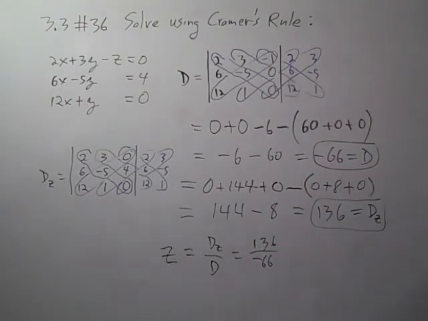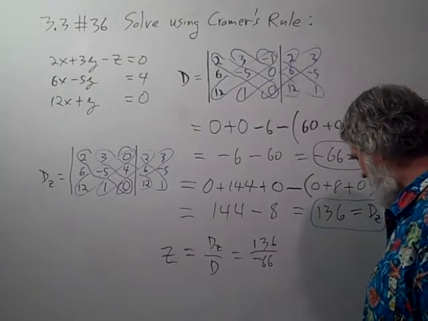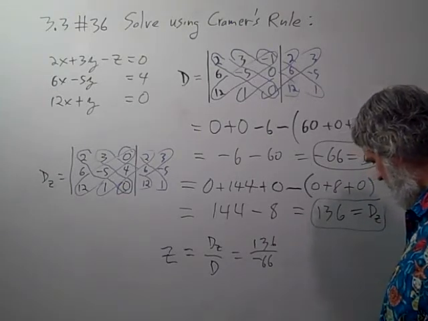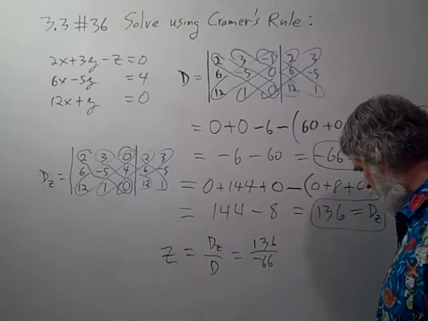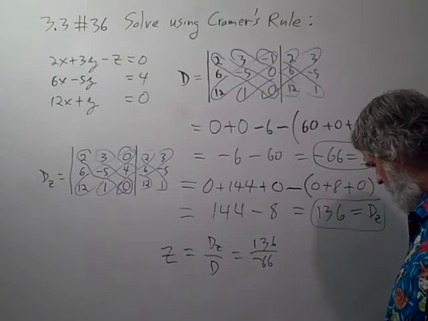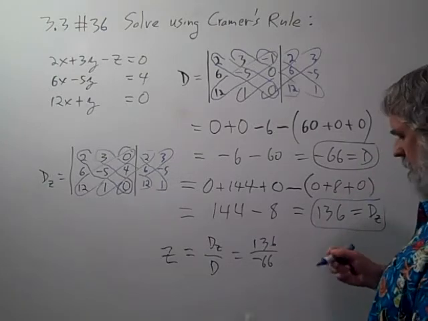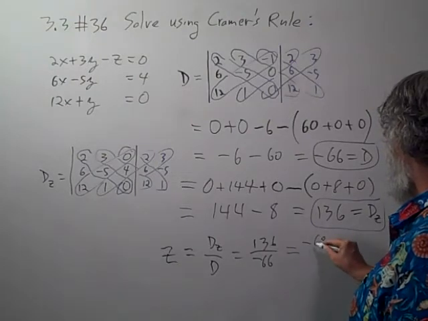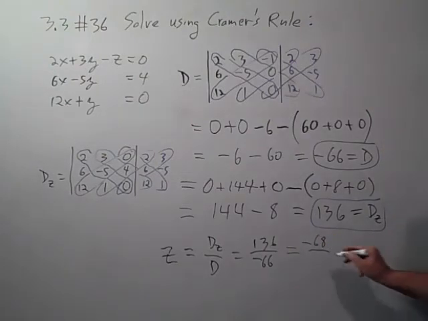And half of 136 is equal to 68. So this is equal to -68 divided by 33.